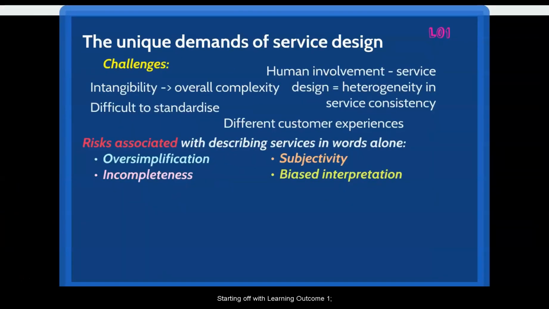Starting off with learning outcome 1, what are the unique demands of service design? Now, you can Google this or research this, and there are several challenges when you think of designing a new service. For the most part, from a managerial perspective, it is the intangibility of services that contributes to their overall complexity. Remember, you cannot touch a service, so it is a unique demand to actually design your service precisely and accurately.